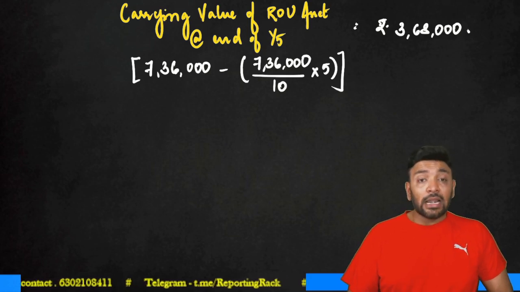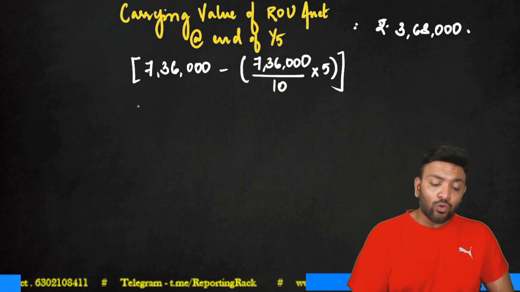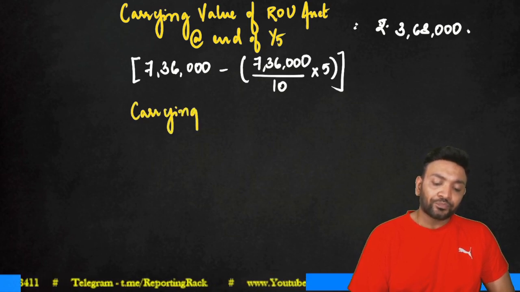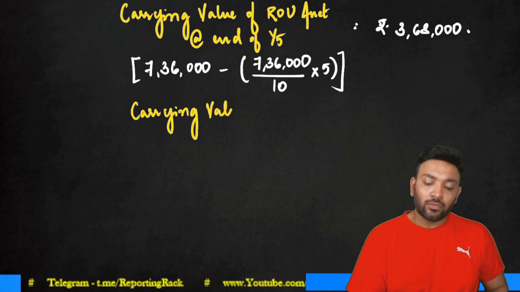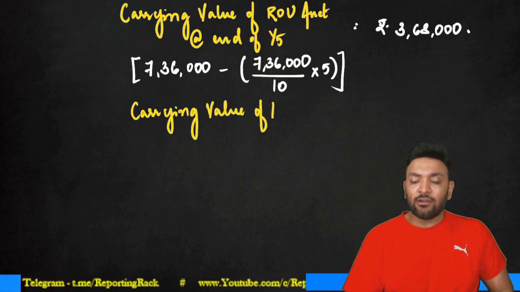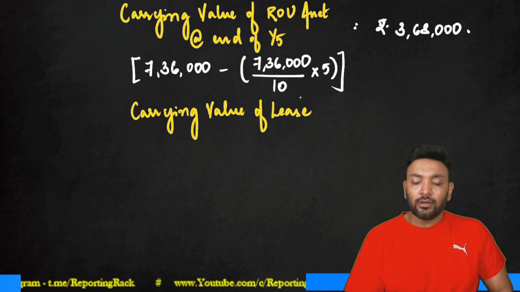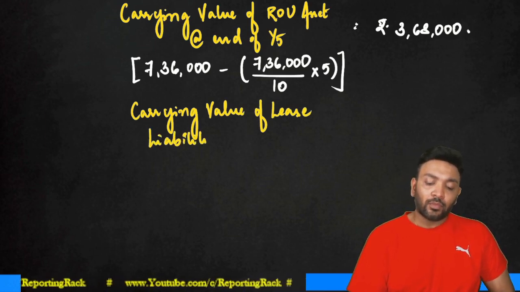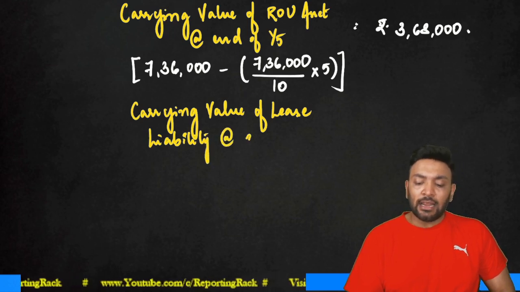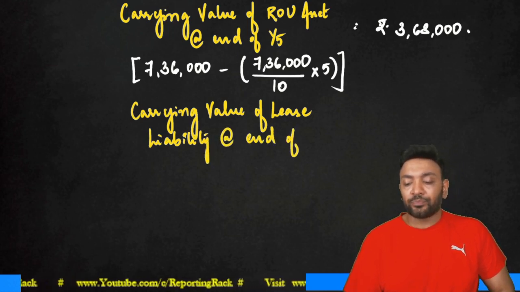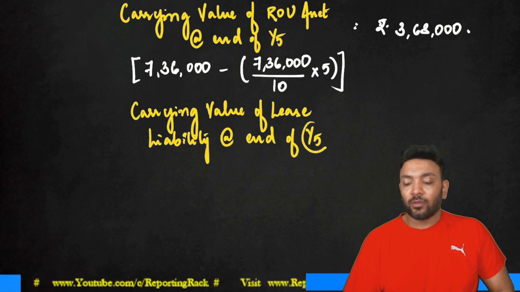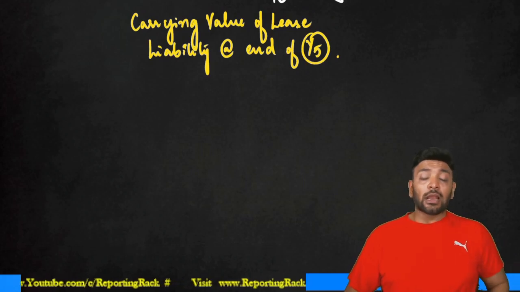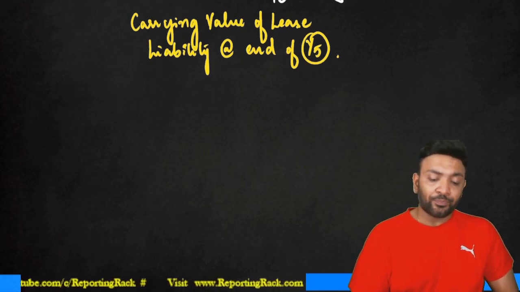So let's see. Now we'll also have to find out what is the carrying value of lease liability at the end of year 5. For this, we need to prepare a schedule of your amortized cost. Let us prepare.